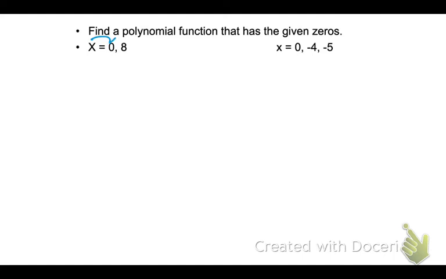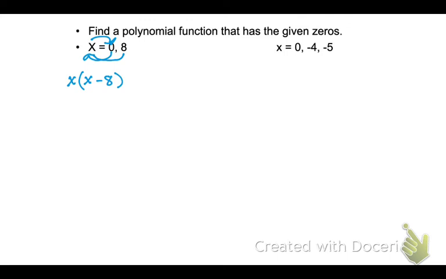Now I have to move them back to the what? Left. So x equals 0 would just be x, would it not? And what would be the factor for the 8? It's a positive 8, so it was a what? Negative. Negative 8.